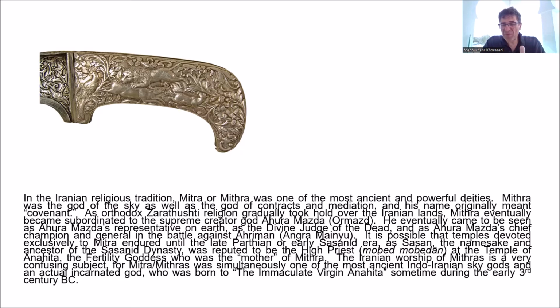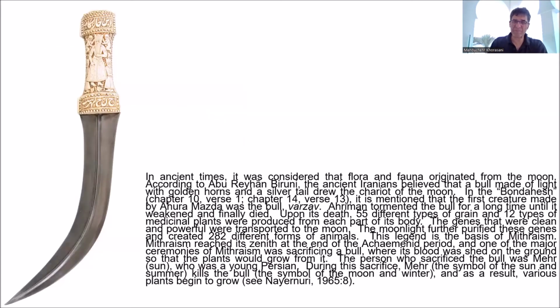The Iranian worship of Mitras is a very confusing subject, for Mitra was simultaneously one of the most ancient Iranian or Indo-Iranian sky gods, and an actual incarnated god who was born to the Immaculate Virgin Anahita sometime during the early 3rd century BC. In ancient times, it was considered that flora and fauna originated from the moon.